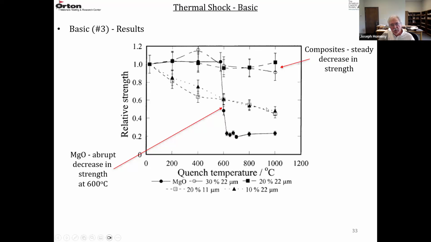And then these two curves, lower loading, the triangles are 10% at 22 microns, and then the open squares are 20% at 11 microns. So they show a little bit more strength loss. And then the abrupt loss is for the MgO, which does not contain any spinel phase.